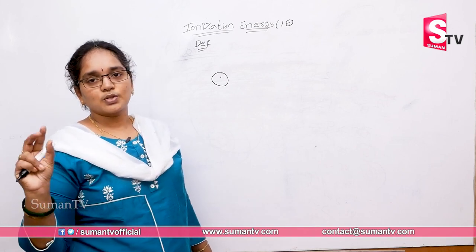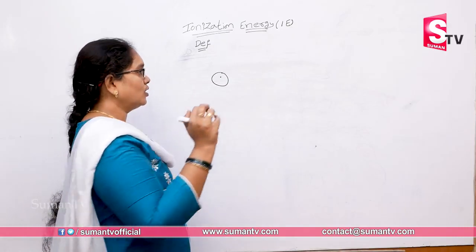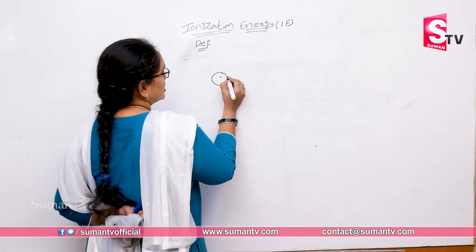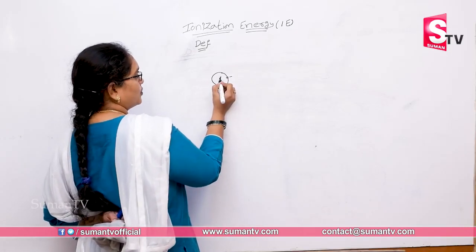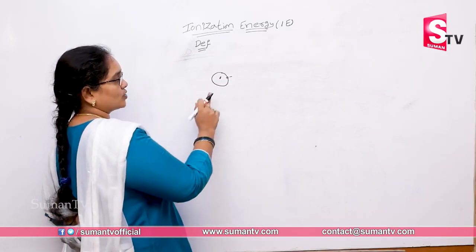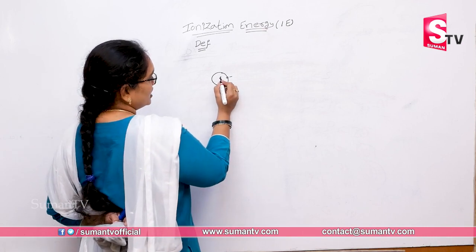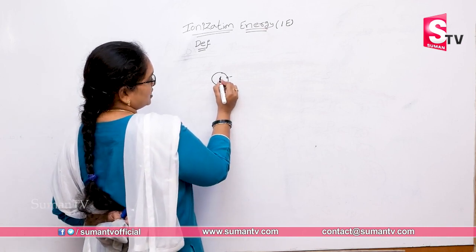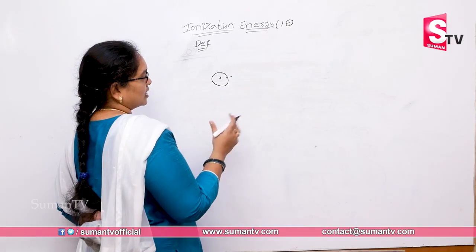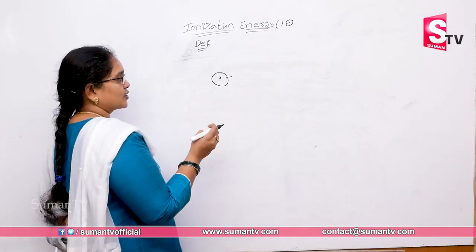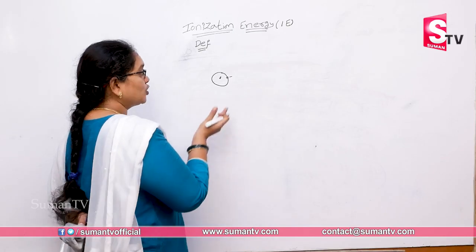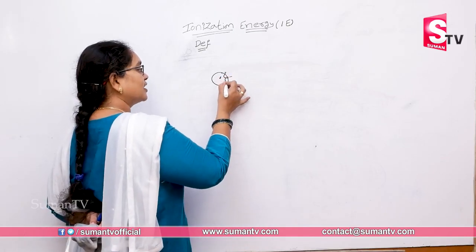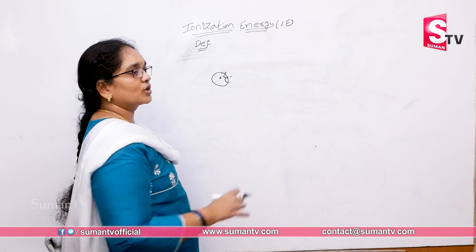Isolated, gaseous, neutral atom. We know that electrons are present in the extranuclear shell and protons are present at the center of the atom, called the nucleus. Between the positively charged nucleus and the negatively charged electron, there are always attractive forces. We need to break these attractive forces to remove the electron.